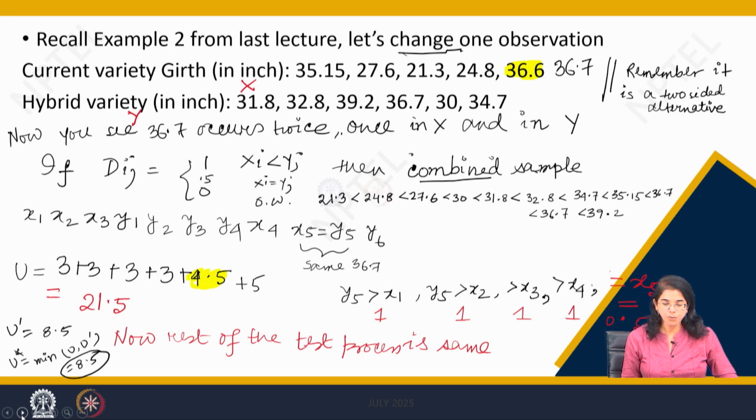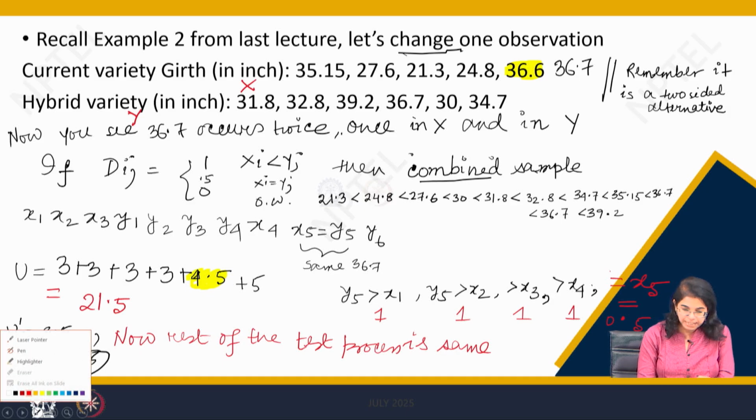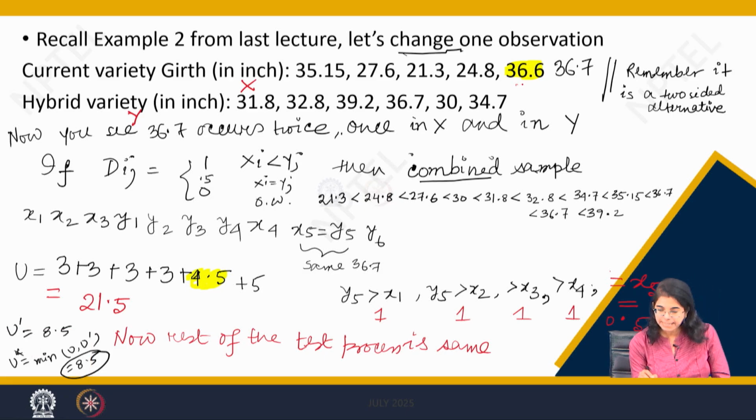Recall example 2 from the last lecture. Now let's change one observation. Probably you remember in our last lecture we discussed the example of the new hybrid bush and the traditional bush, and we considered the girth of the hybrid variety as well as the current variety. Now here you will see that there was 36.6 earlier.